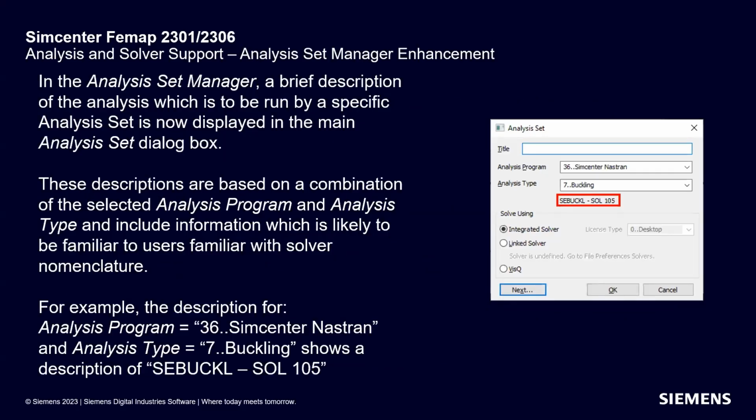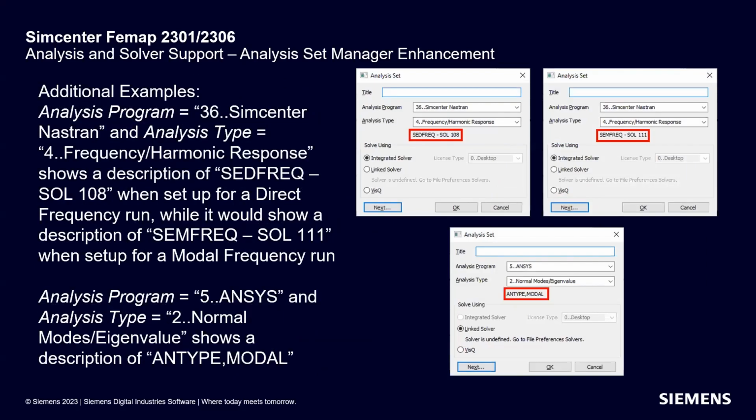Just a little bit about 2301 and 2306, just in case anybody missed it. When you pick an analysis program and analysis type, we now actually show what it would be written to, Nastran, or ANSYS or Abaqus. Like SEBUCKL for a buckling or solution 105. We use the combination to specify what it is, and we also use some other options that might be specified in the analysis set.